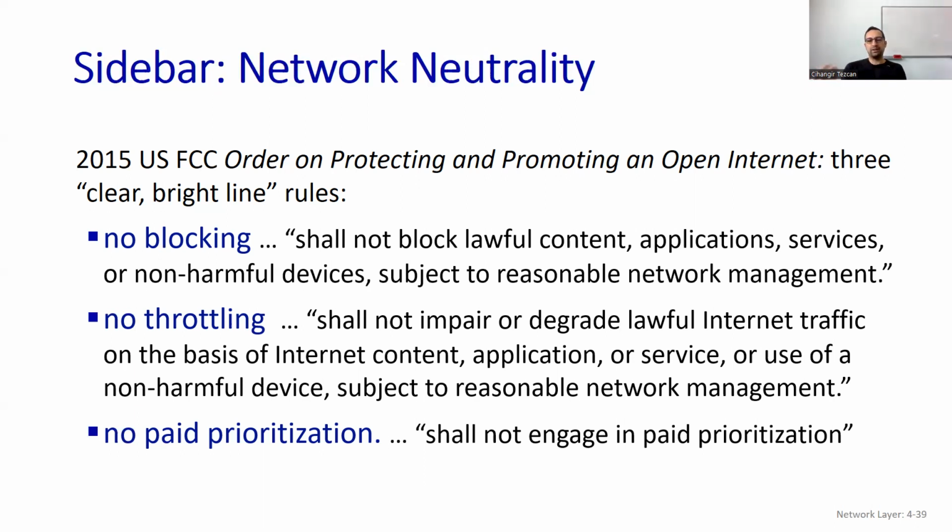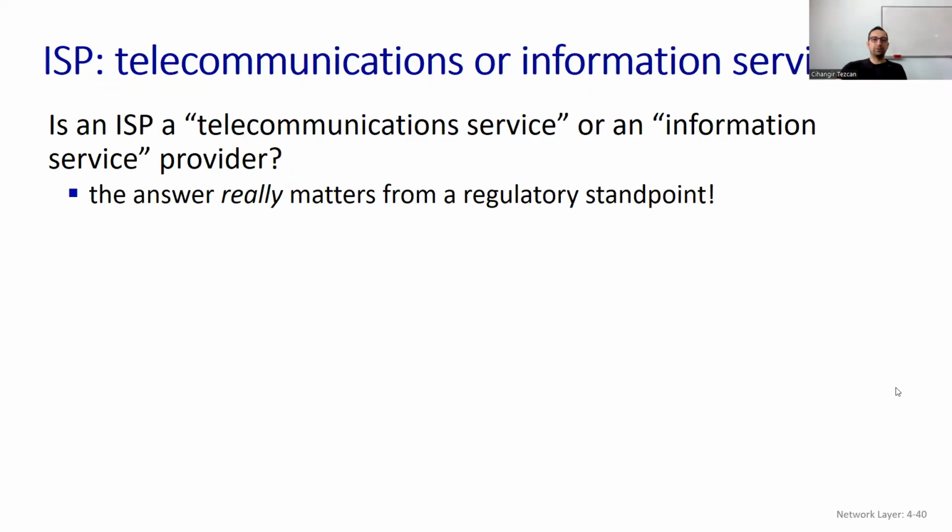There was a discussion that maybe they should pay more money and get more bandwidth and so on. But this would mean that services provided by not-so-rich companies will have some slowdown. So this has been the hot topic for the last few years.